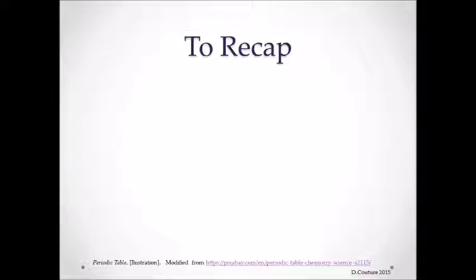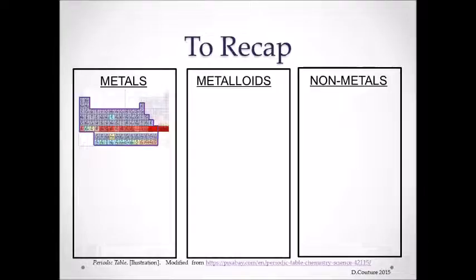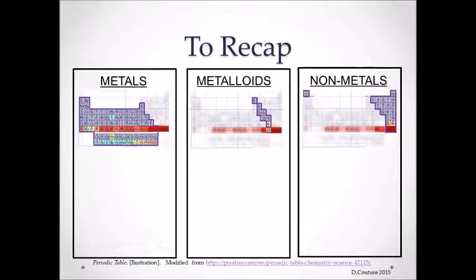To recap metals, nonmetals, and metalloids. Metals are located to the left of the periodic table, except for hydrogen. Metalloids are in the middle of the periodic table. Nonmetals are to the right of the periodic table, including hydrogen.